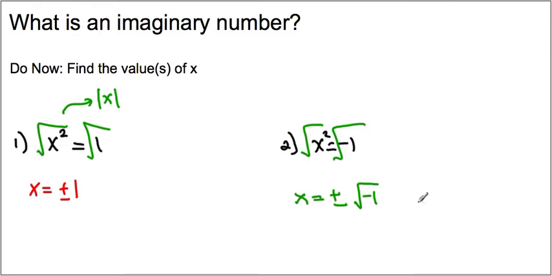So when the mathematicians were trying to communicate this idea of the square root of a negative number, they had to come up with another way to express that. And we call that imaginary, because, simply put, you could only imagine that could happen. It's a very difficult concept to think about in the real world. So we call this an imaginary number.